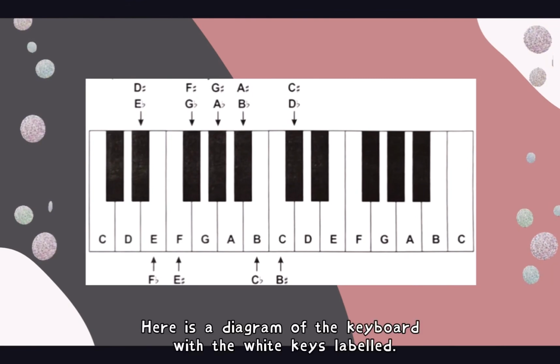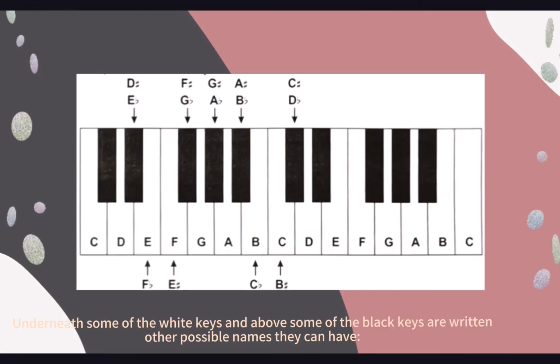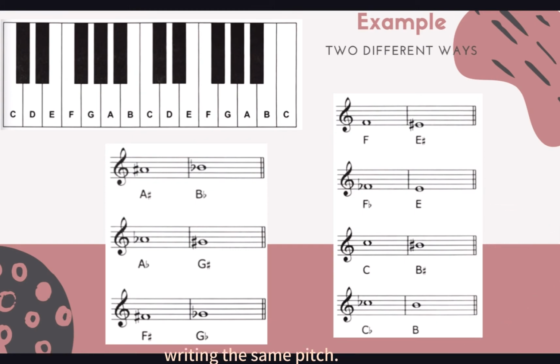Here is a diagram of the keyboard with the white keys labeled. Underneath some of the white keys and above some of the black keys are written other possible names they can have. Here are some examples written on the staves of two different ways of writing the same pitch.